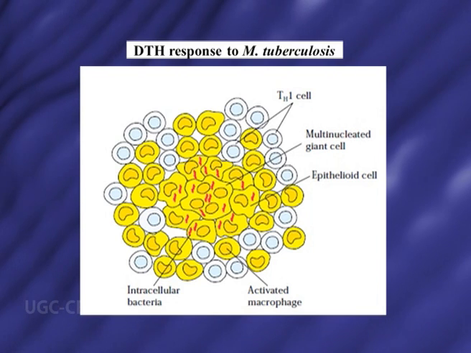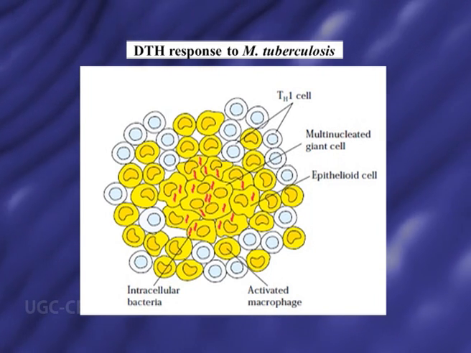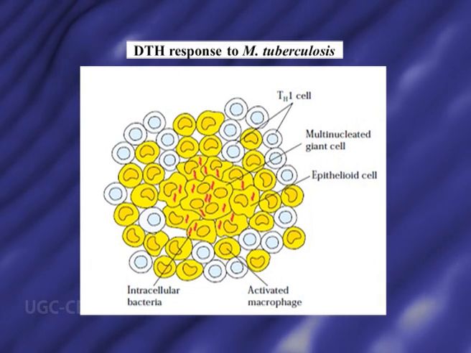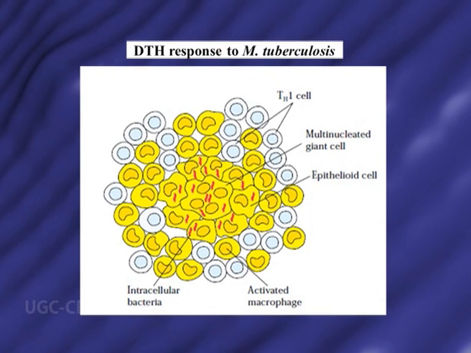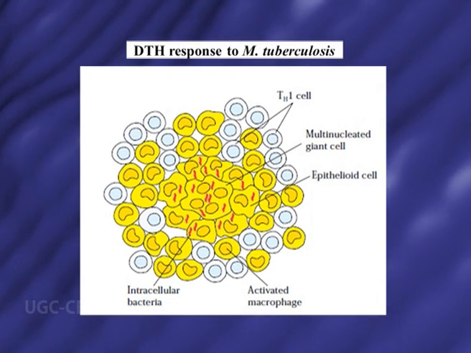So, what happens in a fully developed delayed type hypersensitivity? It is seen that a giant ball-like structure is produced where 5% of the cells are Th1 cells and 95% of the cells are macrophages, since macrophages rush to that area to kill the intracellular organism.